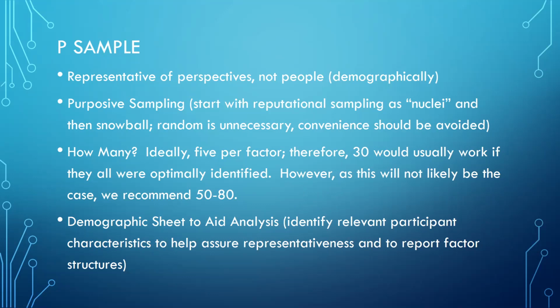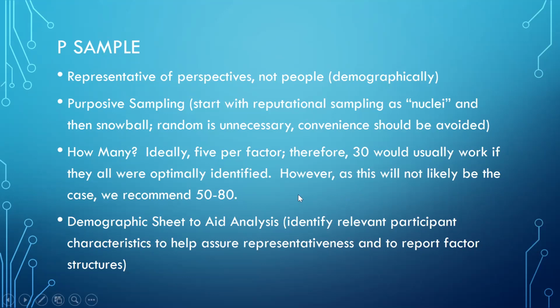If you have a small number of statements with lots of participants, then your numbers can get kind of skewed, and you can tend to end up with a one factor solution, which is not what you want, because you want representative perspectives, and not everybody thinks the same way.